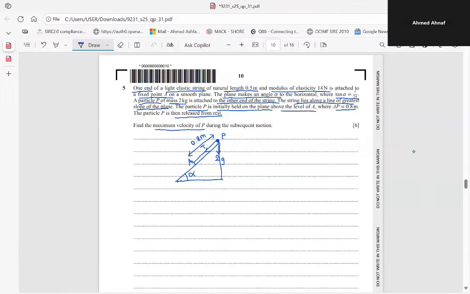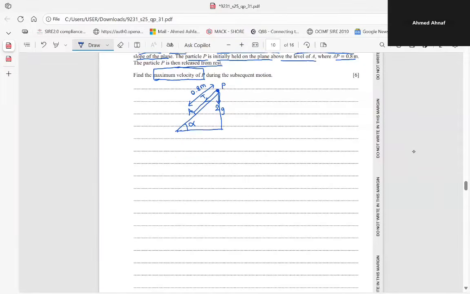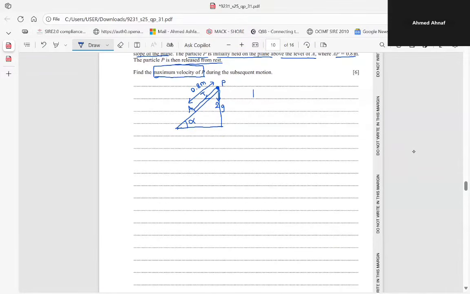All right. So to find the maximum velocity of P, we are going to use an energy method. So let's first find the initial energy. Initially, since P is higher than A, we can take the GPE of P with respect to A. So we'll use the mgh formula. So m is 2, then g is 10, and then h is 0.8 sine alpha.